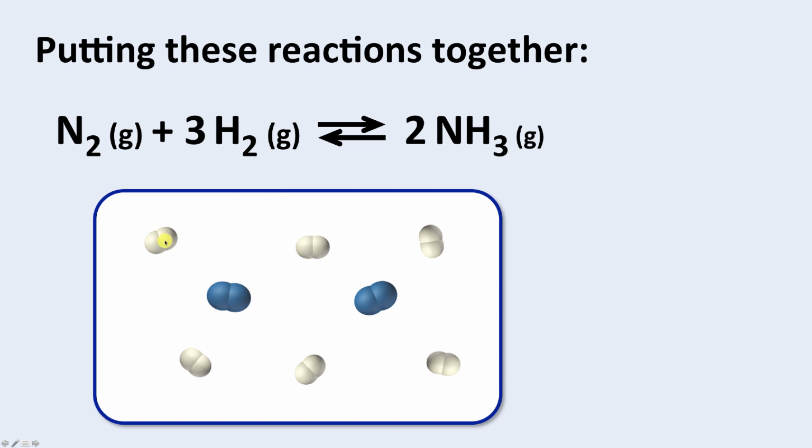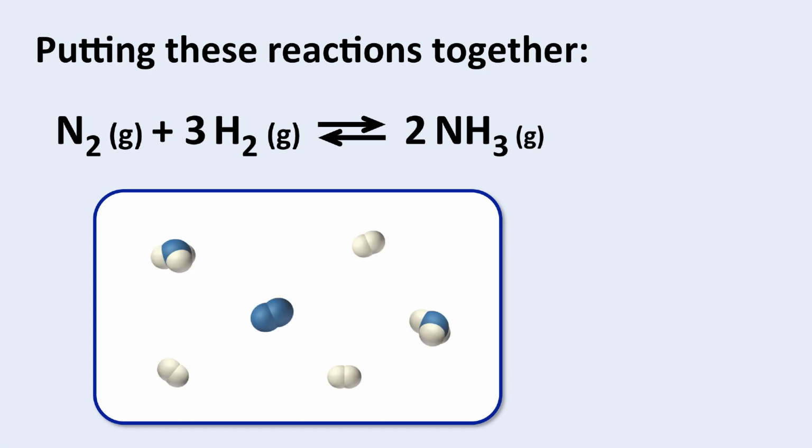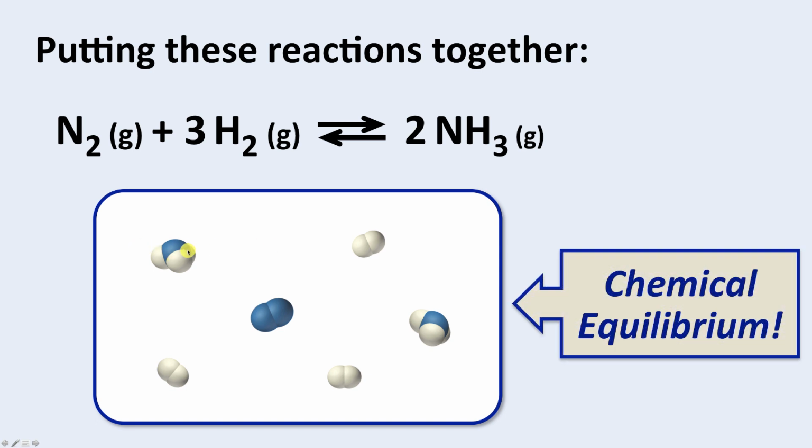And in this case, we can either start with nitrogen and hydrogen, or we can start with ammonia. And when we put those in a container and allow them to react, eventually they reach a position of chemical equilibrium where we have some ammonia produced or some ammonia left from what we started with, some nitrogen and hydrogen produced or some nitrogen and hydrogen left from what we started with.